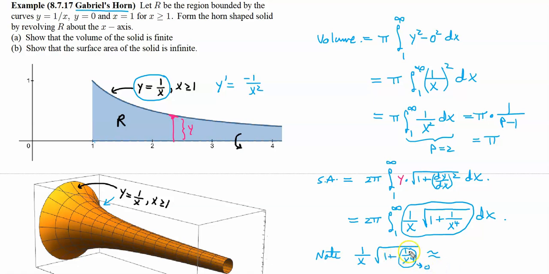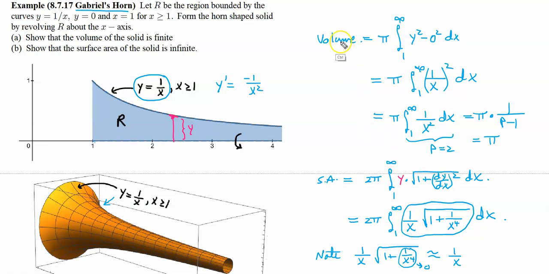And we're going to be left with basically the square root of 1. So the integrand here is going to be approximately 1 over x for x very large, and we know that the integral from 1 to infinity of 1 over x diverges by the p integral test because p is equal to 1. So we have a feeling that this is going to diverge.